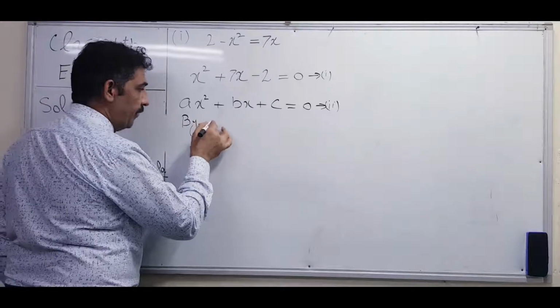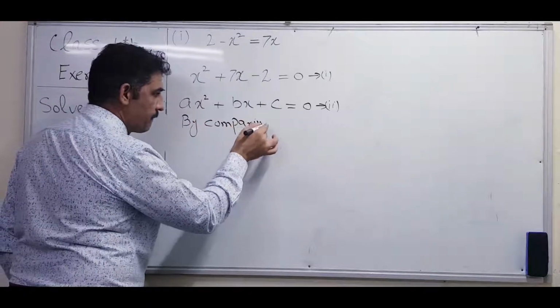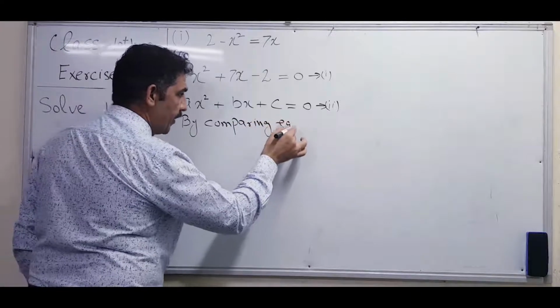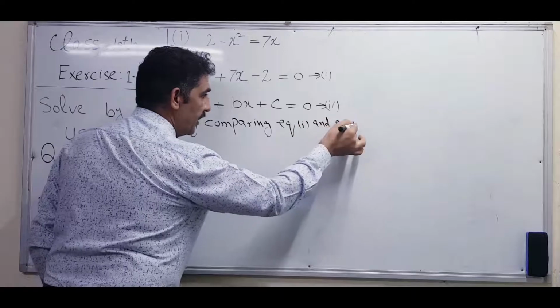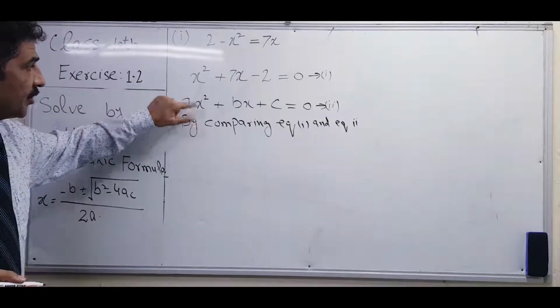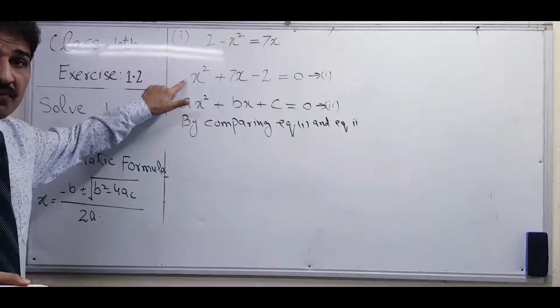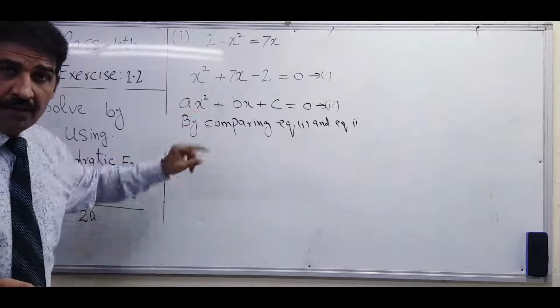By comparing equation 1 and equation 2. So what is the value of a? Here x square, here x square. What is the coefficient of x square here? When there is nothing written, how many x square are here? 1.